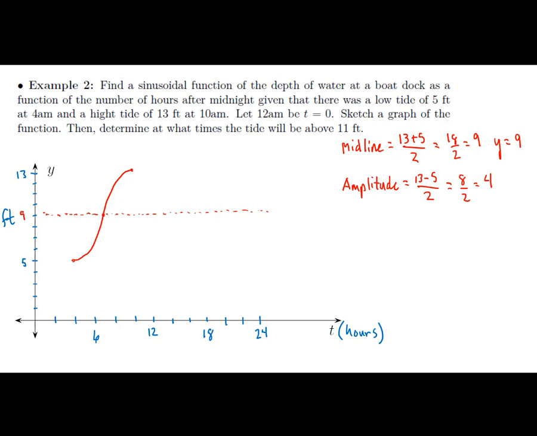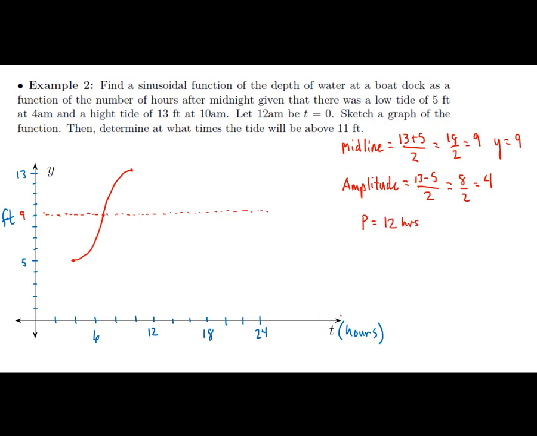And so this, I can see, is not a full period from here to here, right? This is exactly half the period of a sinusoidal function, right? If I was to come back down and then finish again at that minimum, then I would have gone a full period. So what I know is that 6 hours is half of a period. So of course my period is equal to 12 hours.